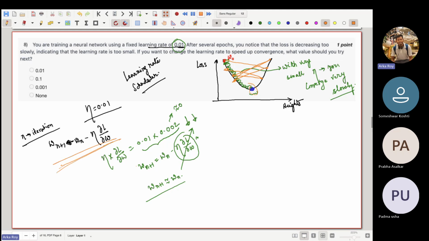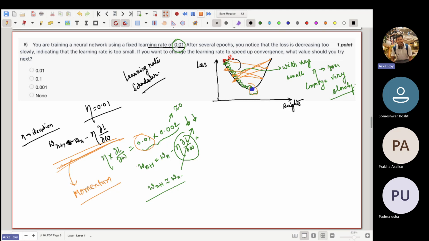So this is the vanilla gradient descent. Vanilla gradient descent means the standard gradient descent. There is another technique which is called momentum. As the name suggests, even if you put a very small value of learning rate, mathematically it gives a momentum to the process.